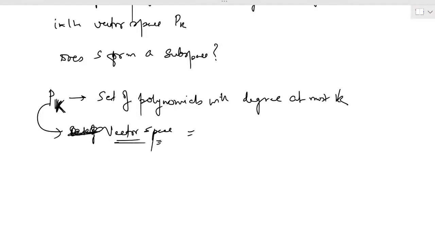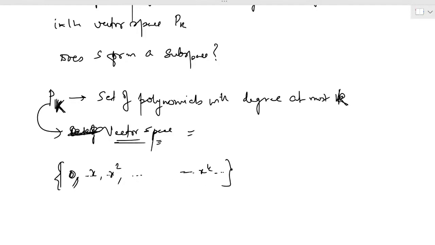Now, in this particular set itself, what all things would come? Identity would come, 0 would come, obviously. When I'm writing at most k, polynomials with degree less than or equal to k will be allowed, so even the 0 polynomial will be allowed. You will have some polynomials in the form of x, x square also. There would be polynomials in terms of x^k.